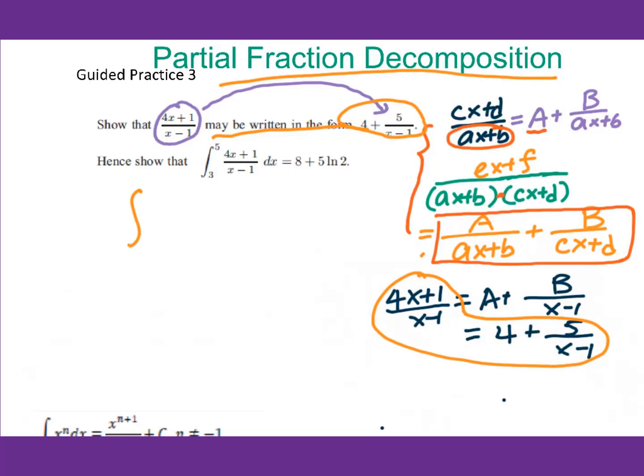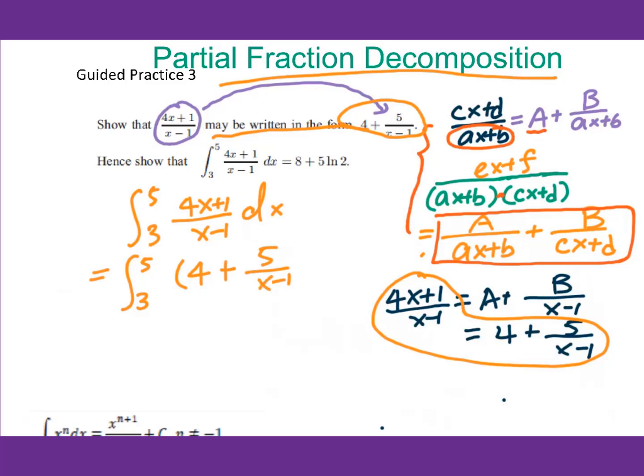Therefore, the definite integral of (4x plus 1) over (x minus 1) equals the definite integral of 4 plus 5 over (x minus 1) from 3 to 5.